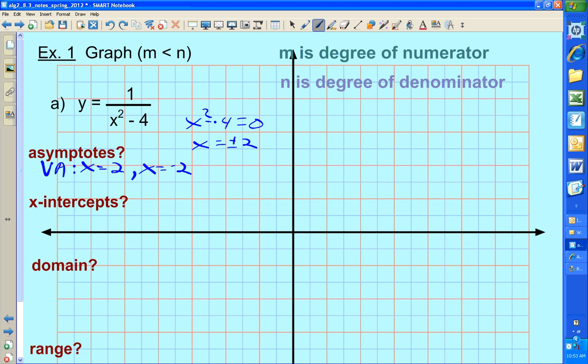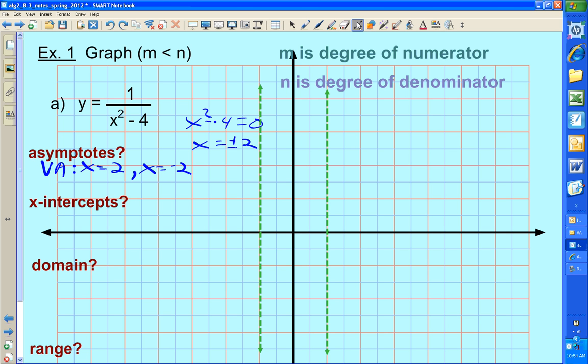Because I want you to really understand there are two vertical asymptotes. There are two values of x that are out of bounds because they make the denominator equal 0. X equals 2 and x equals negative 2 are both vertical asymptotes. They are out of bounds because they make your denominator equal 0.